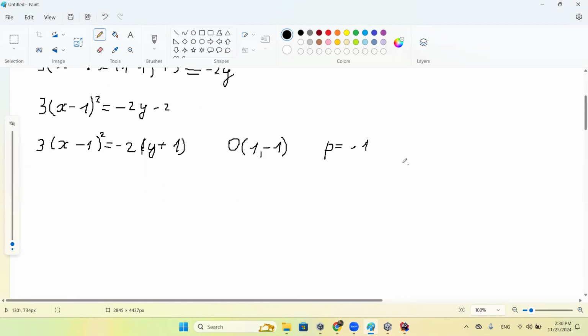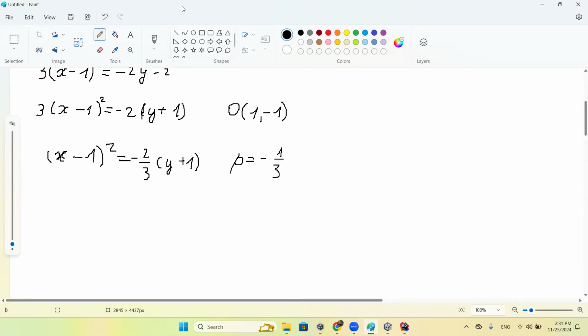The parameter p equals minus 1. No, I need to divide it by 3. I forgot to do it. The center anyway remains without changes. So (x minus 1) squared equals minus 2 over 3 times (y plus 1). So the parameter equals minus 1/3.